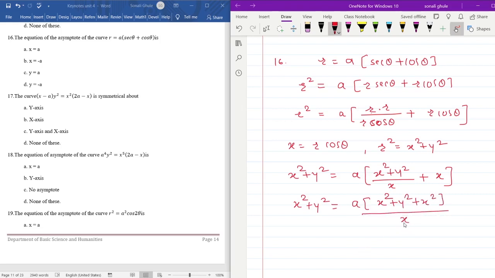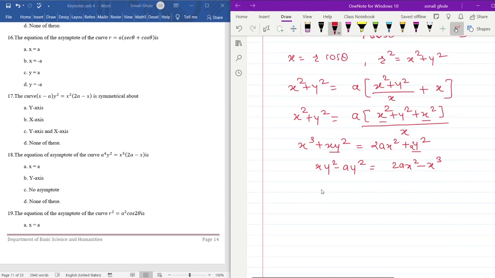Multiply by x, that will be x cube plus xy square is equal to a times the addition of x square plus x square plus y square. Now this term we can write together: ax square minus ay square is equal to 2ax square minus x cube.